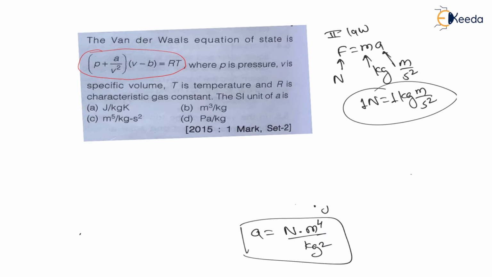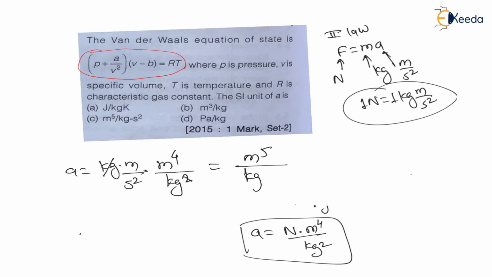Then A is equal to kg meter per second square into meter power 4 divided by kg square. One kg gets cancelled, giving meter power 5 divided by kg second square. This will be the unit of A. Observing the options, in option C we have meter power 5 divided by kg second square. Therefore, option C is the correct choice.